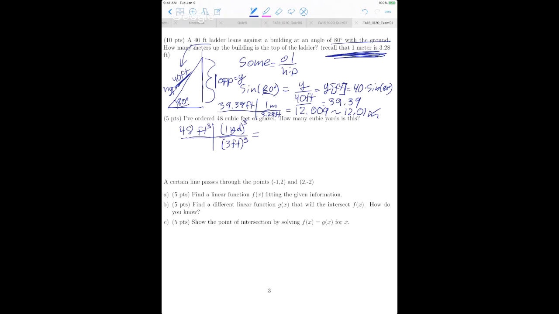And that would get me 48 feet cubed divided by 27, times 1 yard cubed. So 48 over 27 would be about 1.78 yards cubed.